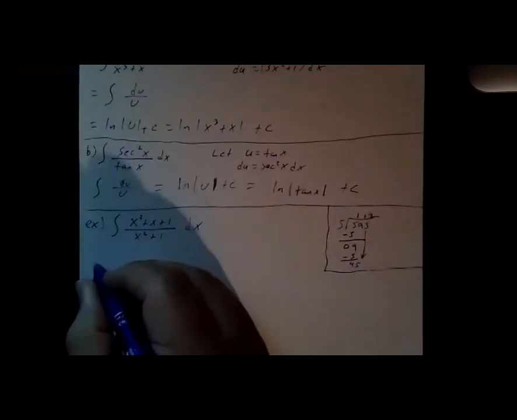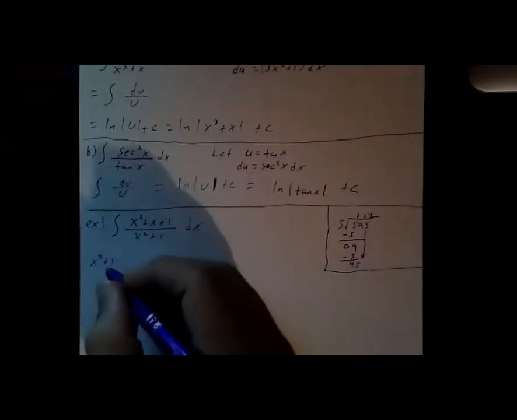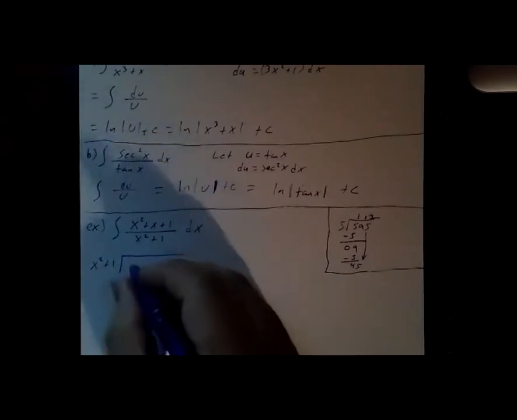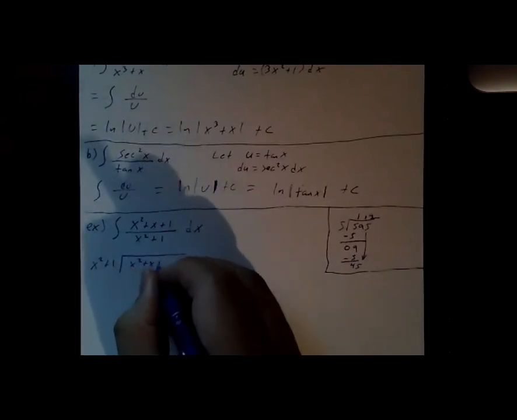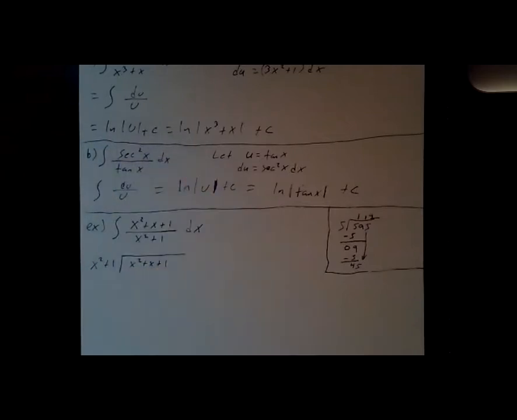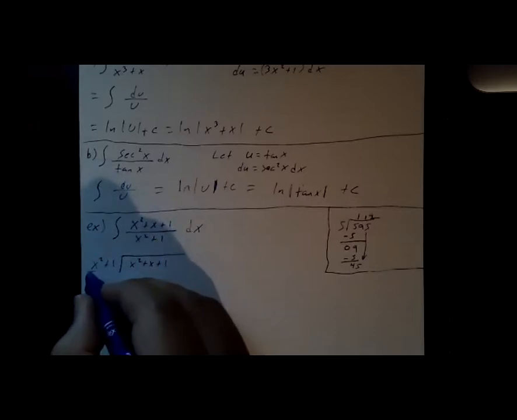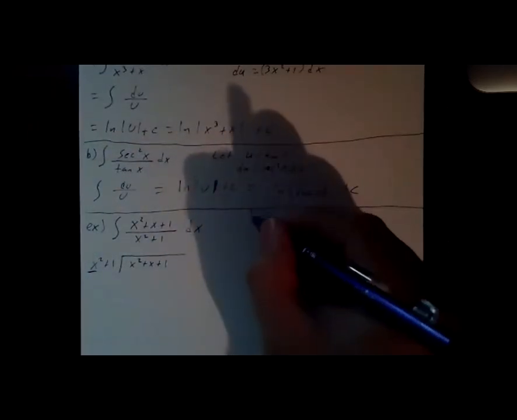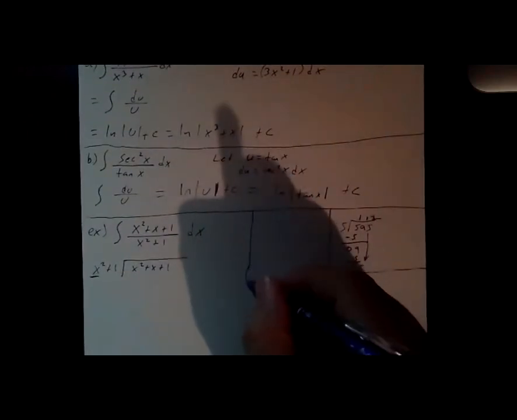So x squared plus 1 is dividing into x squared plus x plus 1, right? That's what the fraction means. So what you're going to do is use the first term to do your division. Okay, I'm going to make another scratch box over here.